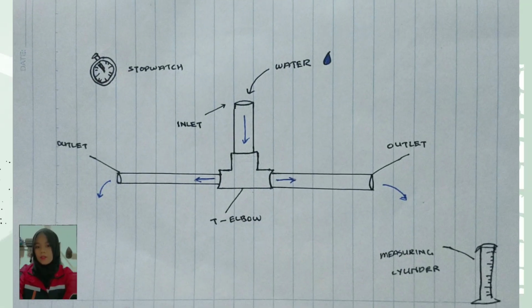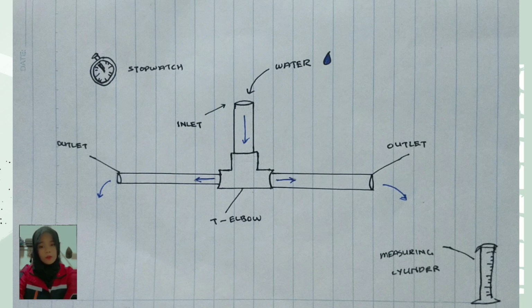So, when water is poured into the inlet of the 3-junction pipeline, the flow will split between the outlets based on several factors. In the first place, flow rate division, because according to the principle of continuity, the volume of water entering the inlet must equal the combined volume exiting through both outlets.